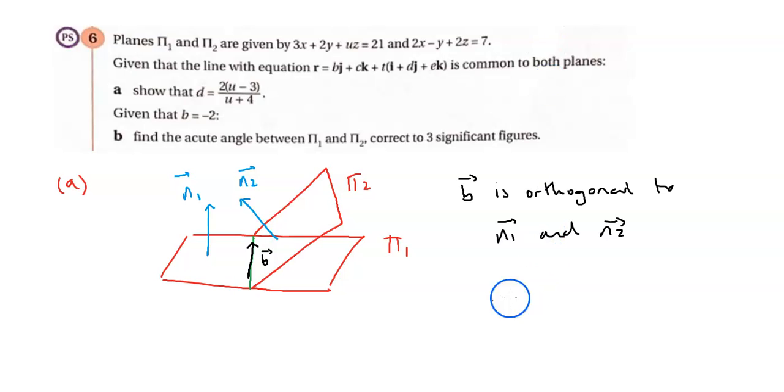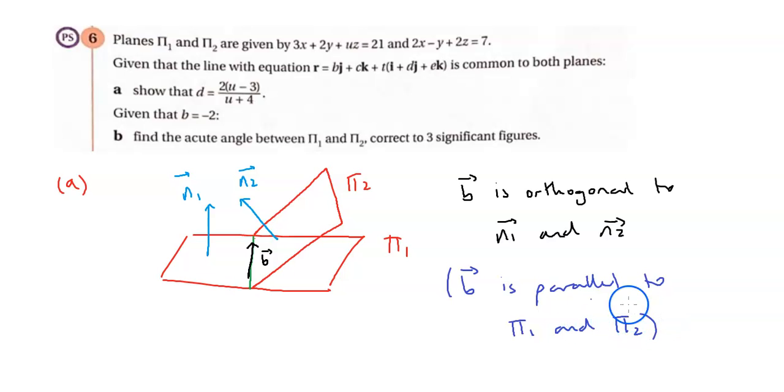If you're not sure why, just observe that the vector B is parallel to both planes. Since B is parallel to both planes, by the definition of the normal vectors, they are orthogonal to every vector that is parallel to the plane to which they are normal. So both normal vectors have to be orthogonal to the vector B, and therefore B is orthogonal to both of the normal vectors.